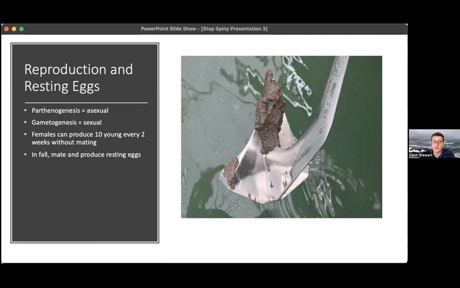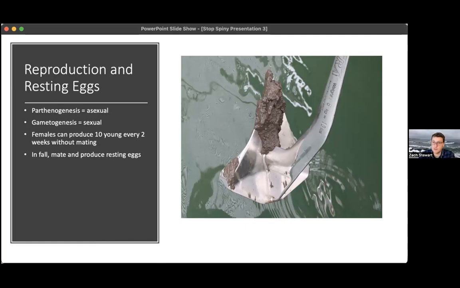When conditions are good and earlier in the season, a single female can produce 10 young every 2 weeks without even having to find a mate in that lake. So there are some obvious, concerning implications of that fact, given that we're trying to prevent the spread of this species to new lakes.